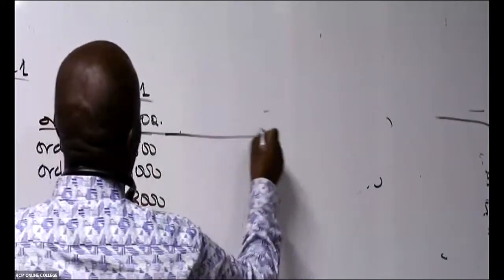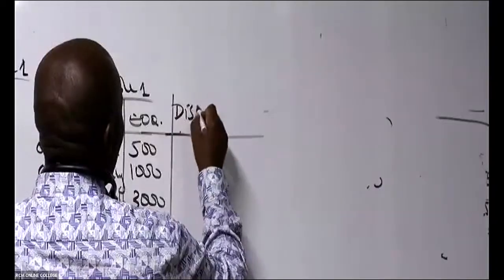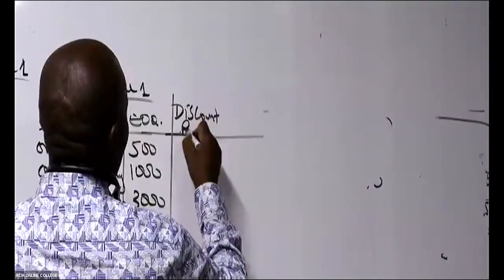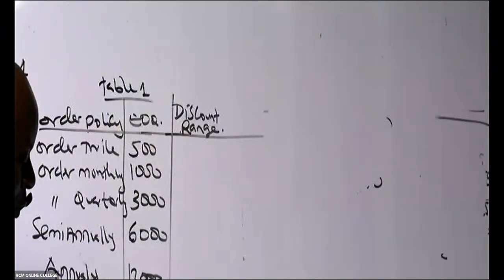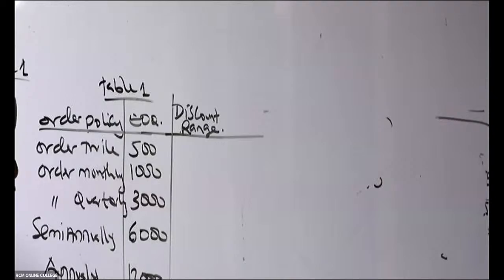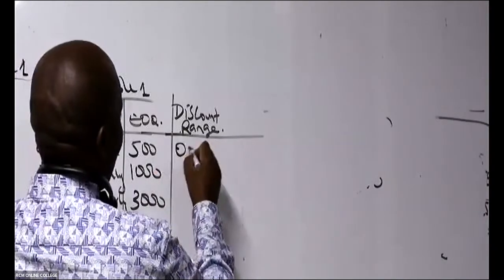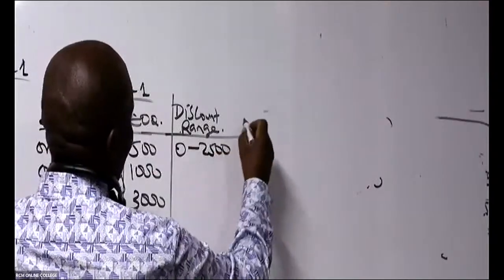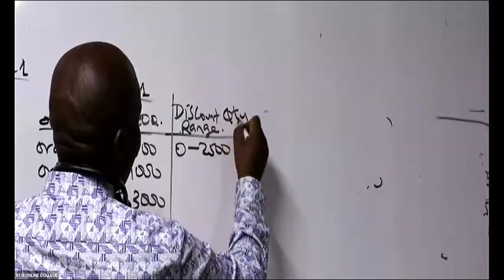So give me, in this case here, the discount range. Like the first one will fall under 1. It is ascertained that the purchase price per unit of X is 500 for deliveries up to 2,500. Discount quantity range.